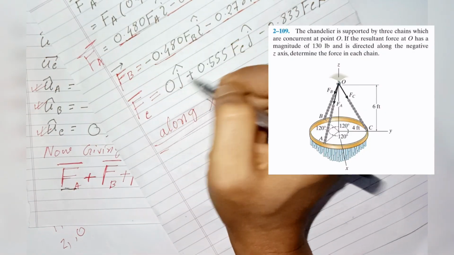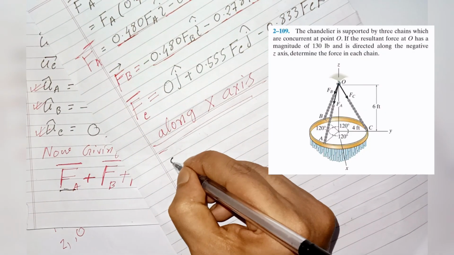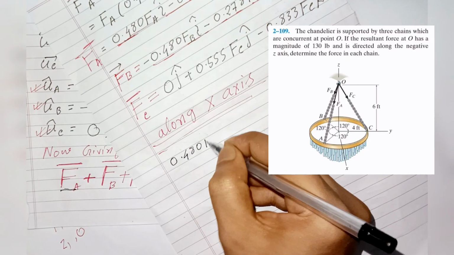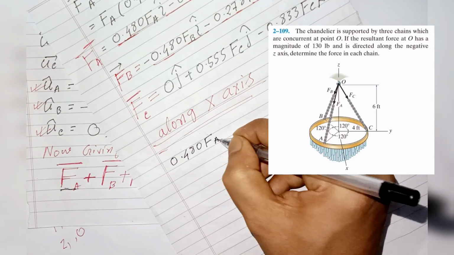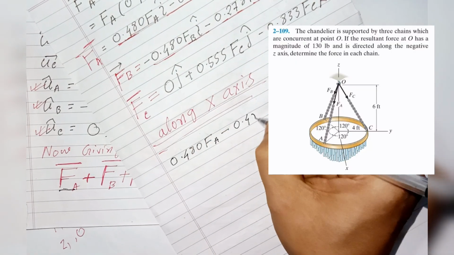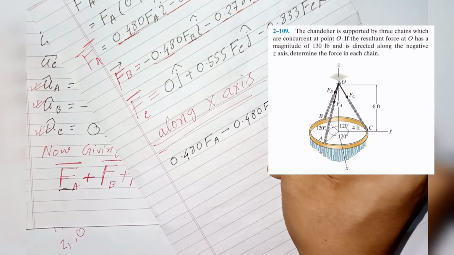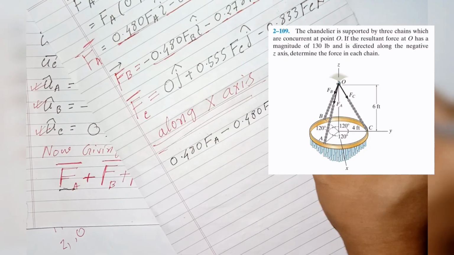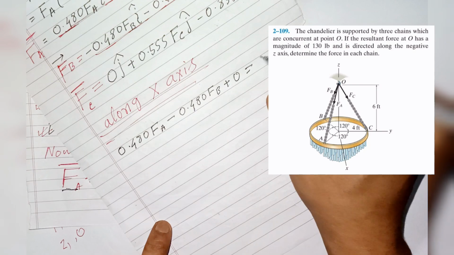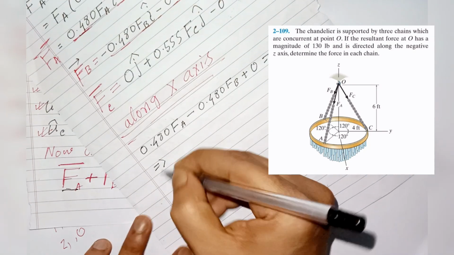Let's get back to calculating. Along the x axis, all components of the x axis, meaning all i cap: 0.480 F_A i cap, F_B with its i cap component, and F_C's i cap is 0.